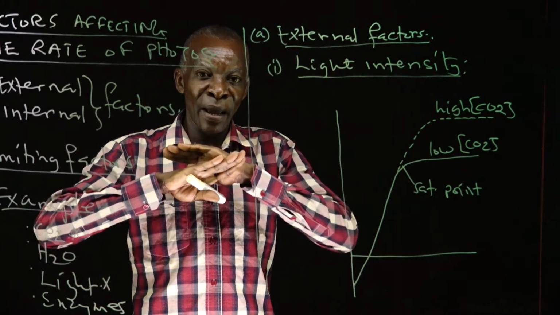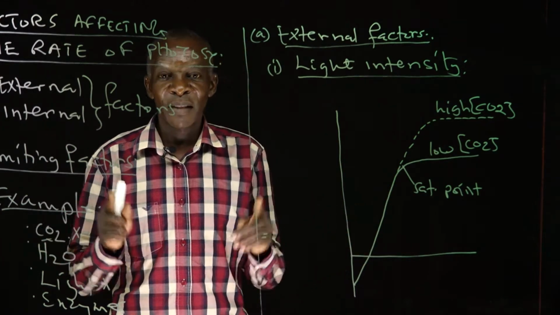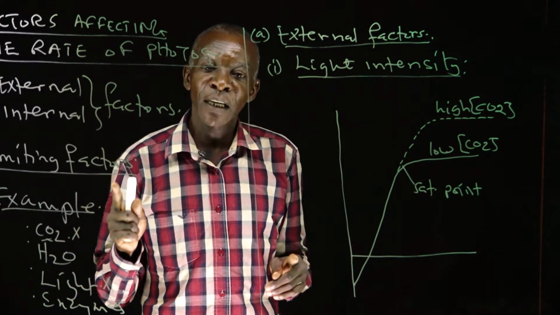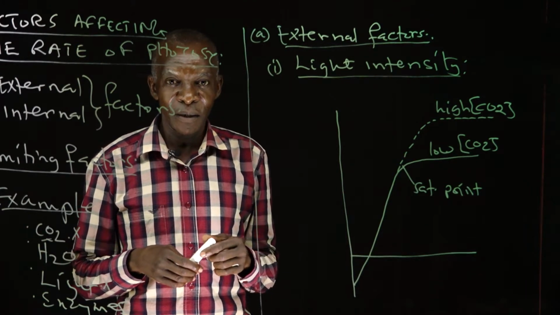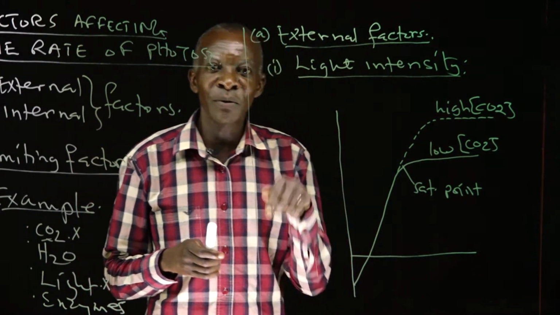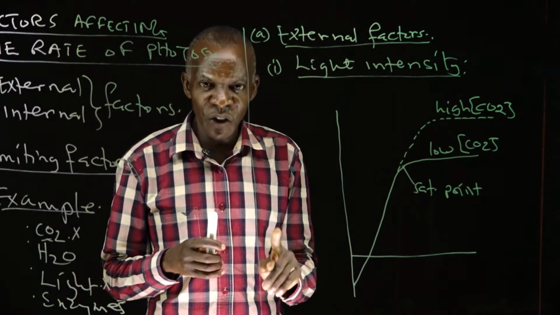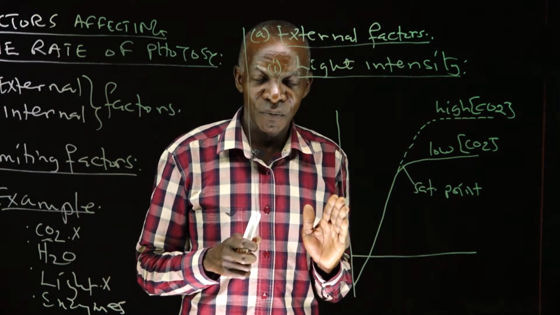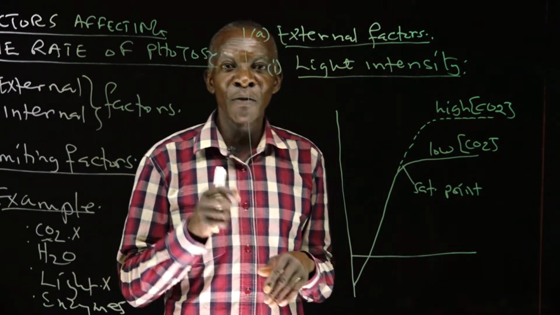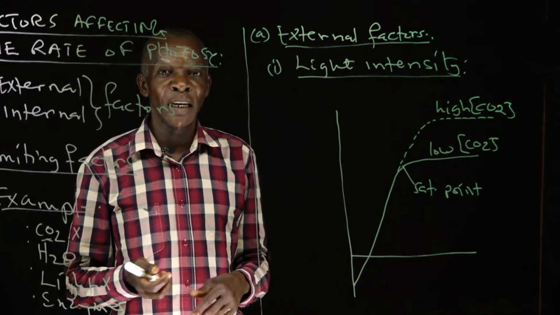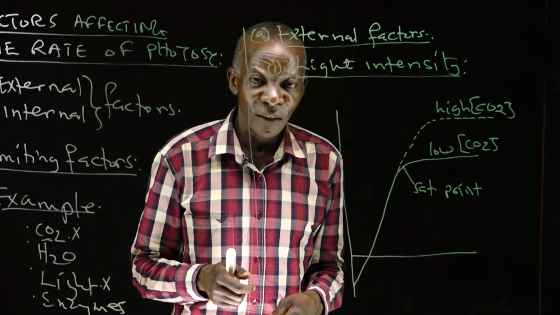Now, at a certain light intensity, the rate of respiration equals the rate of photosynthesis. So the amount of oxygen given out during photosynthesis will be equal to the amount of oxygen taken in during respiration.